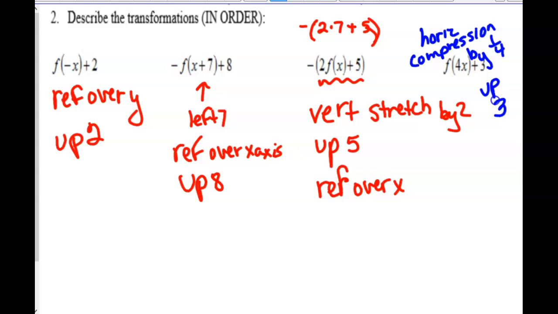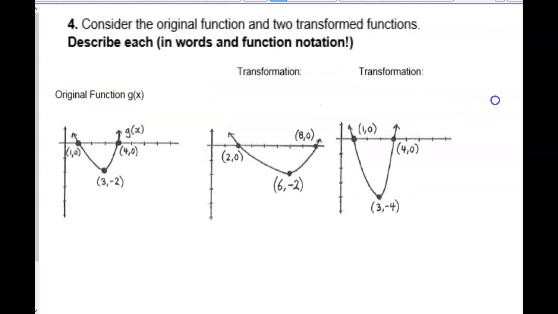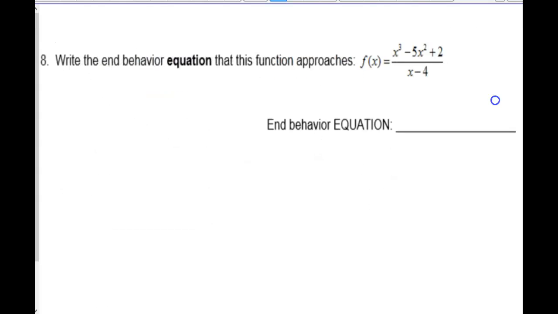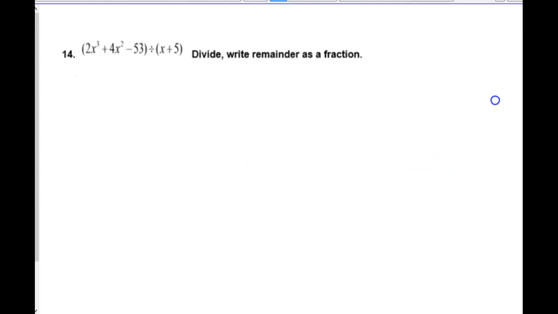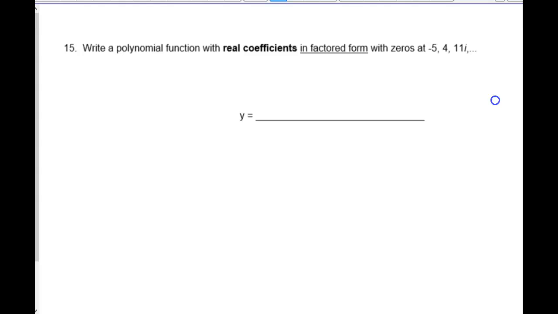What else? Yes. This one? Okay. This was on the last quiz, guys. Do you remember the concept? We did it again this week. If 11i is a 0, what else has to be a 0?